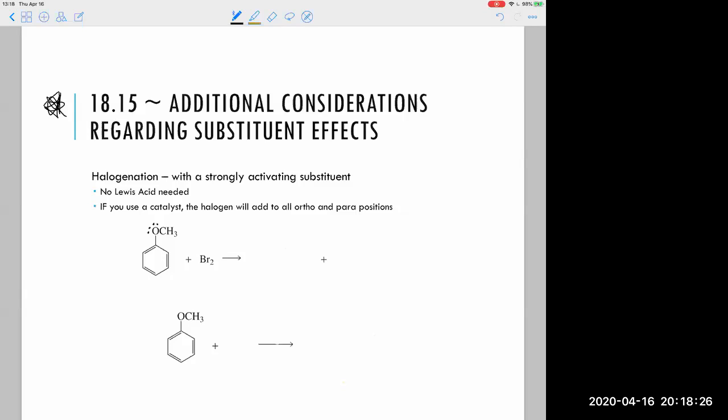If you have a strongly activated benzene ring, so there's an oxygen that can donate electrons or a nitrogen that can donate electrons, these can be halogenated without a catalyst. You've activated that benzene ring to the point where it's no longer a poor nucleophile, it's a good nucleophile. And so now it can react just with bromine on its own.